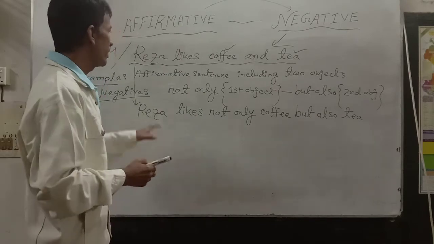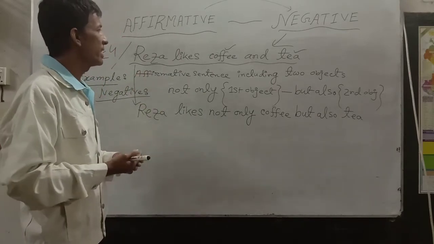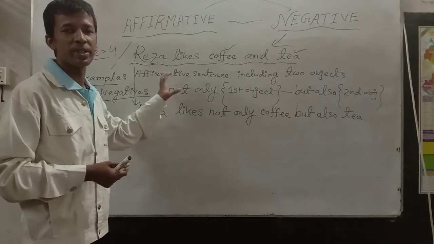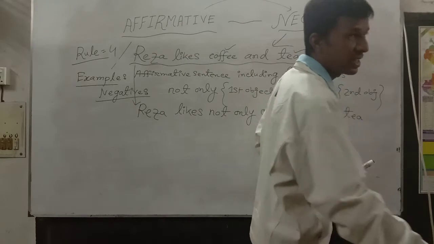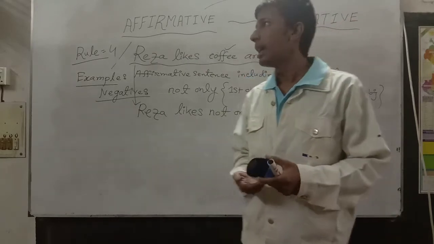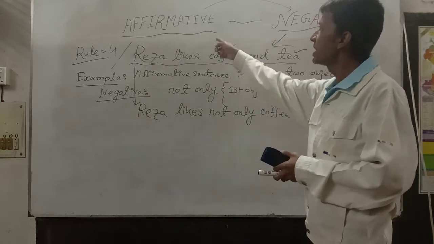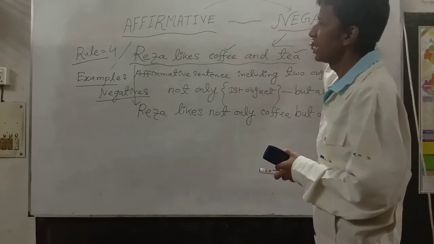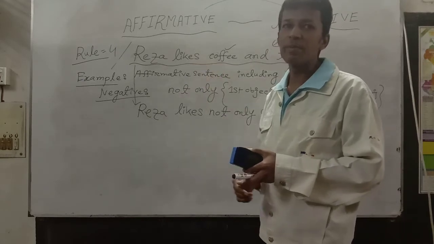I think I have explained in this way so that you can understand all these examples very easily. Other examples and structures are waiting for you. And in the fifth example, we will see in what way an affirmative sentence can be transferred into a negative sentence containing an auxiliary verb used as principal verb.